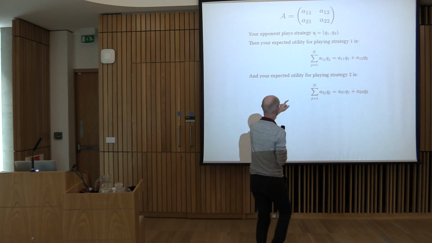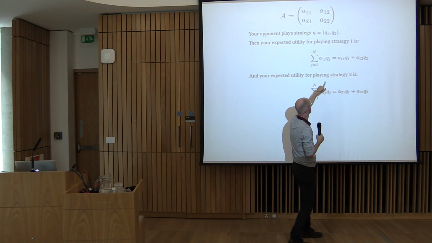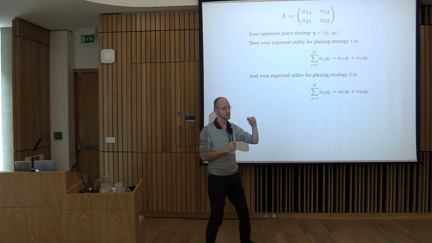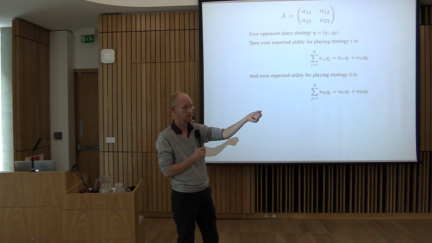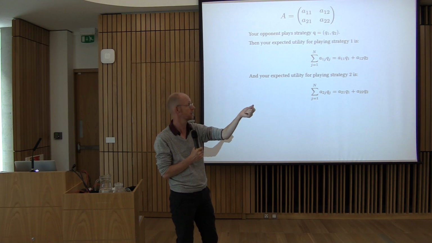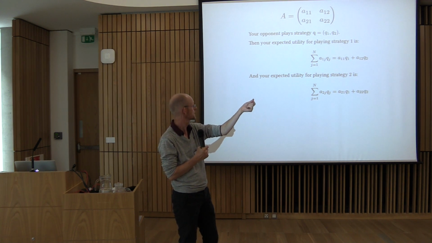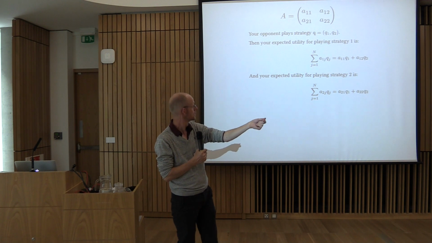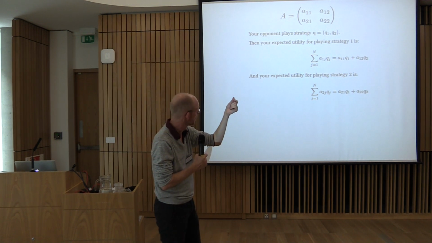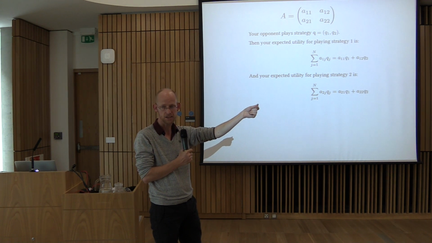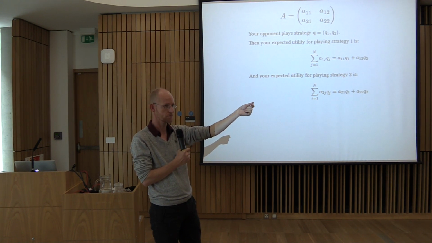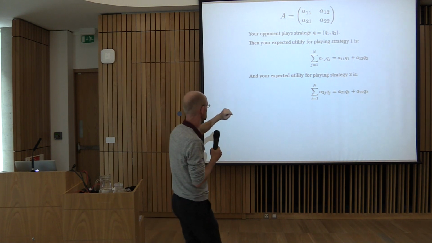It's the utility of both playing A1, weighted by probability Q1, plus the utility of A1 against A2, weighted by probability Q2.